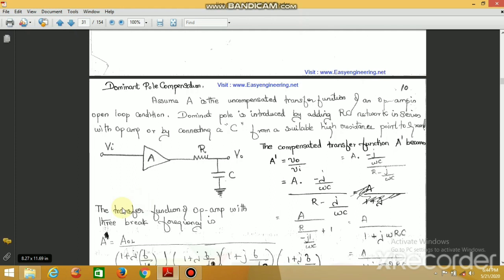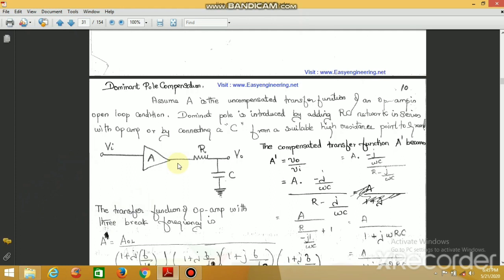That is, A is the gain measured before the compensation technique, and this dominant pole is generally introduced in the op amp by adding an RC network, that is the resistance capacitance network, in series with the op amp, so that a dominant pole is created and the compensation is applied to the circuit.